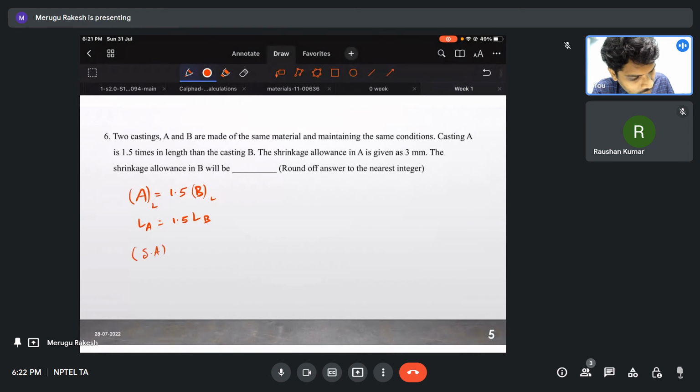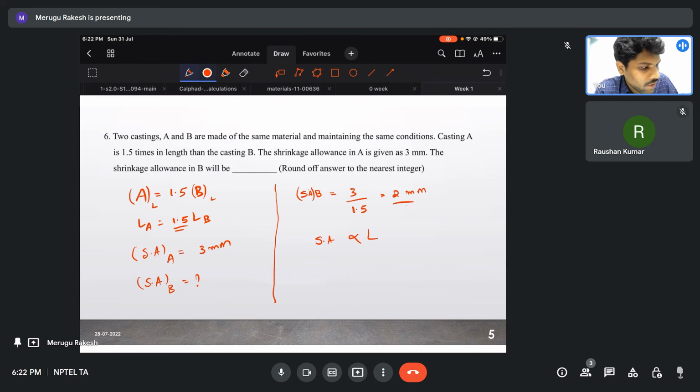They are asking the shrinkage allowance in casting B. We just need this constant, 1.5, because it is a directly linear function, so we can directly divide by it. Shrinkage allowance of B is equal to 3 divided by 1.5, that is 2 mm, because the shrinkage allowance is directly proportional to the length.